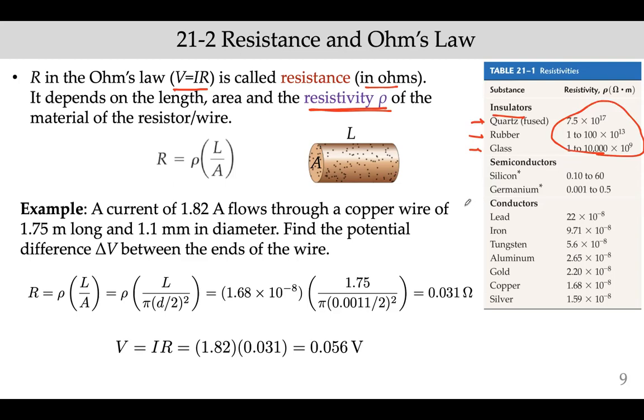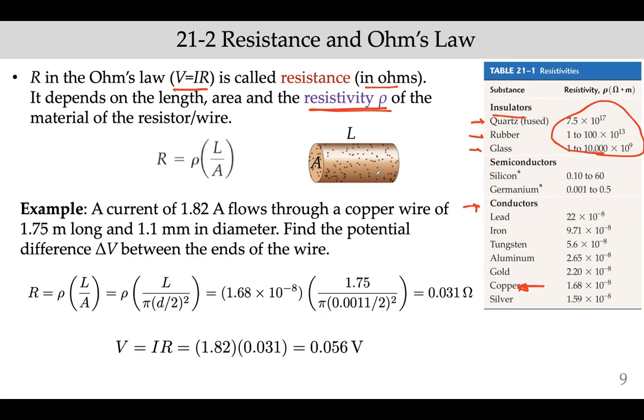But if you move to conductors, the resistivities are really, really small. You can see the values in this table. Copper and silver have the least resistivities. And in fact, most cables or wires are made of copper.